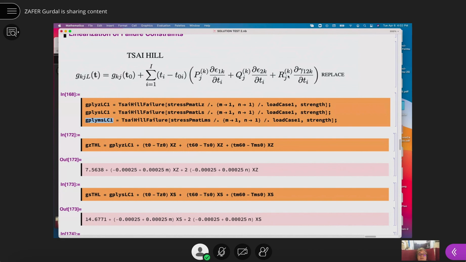And that one thing is the derivative of the Psi-Hill number with respect to first design variable, second design variable, and third design variable. So you're going to call the stresses in the 0 degree ply with respect to these variables.